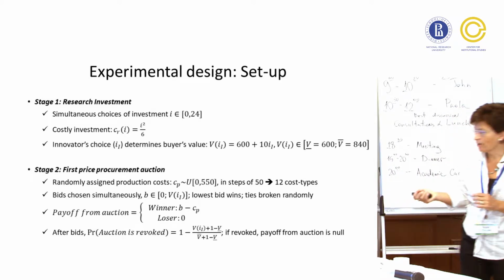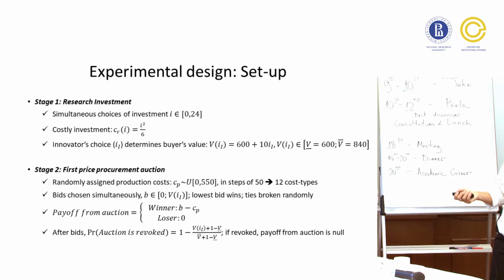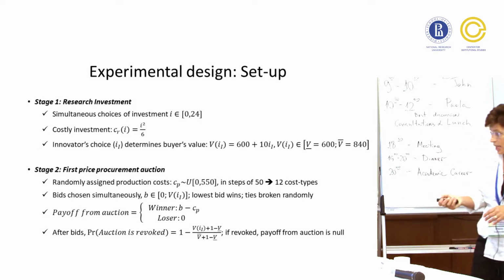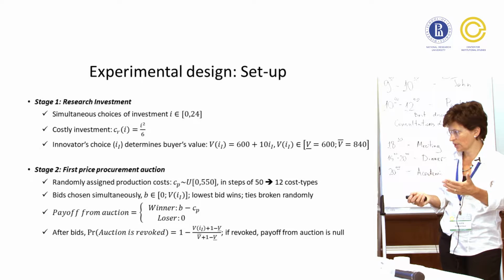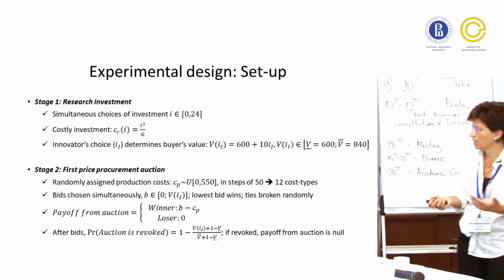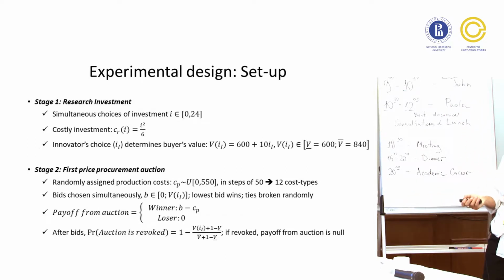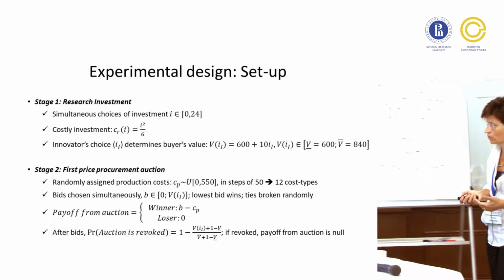You face 12 possible production costs, and this is randomly assigned. At the same time, once they see this cost and they know who is the investor, the bidders will choose simultaneously the bid for the execution of this innovation.